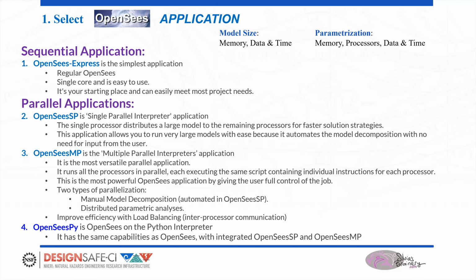It's excellent. It's a lot of fun to use, and you can even improve it by looking at some load balancing techniques that you can really optimize the number and the way you run the analyses. And as I've mentioned, OpenSeesPy is OpenSees in the Python interpreter. It has SP and MP features in it, and I'm working with Minji to make sure that that version of it is in DesignSafe.